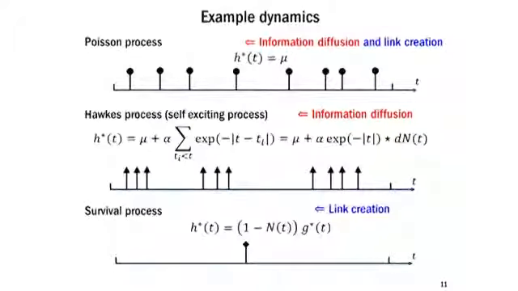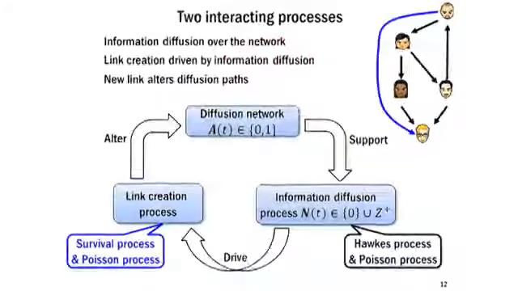If I put these specific examples of point processes into the big picture of the interacting process between information diffusion and network creation, it's going to be something like this. The diffusion network is going to be many counting processes, one for each pair of nodes, but the value between 0 and 1 is time varying.